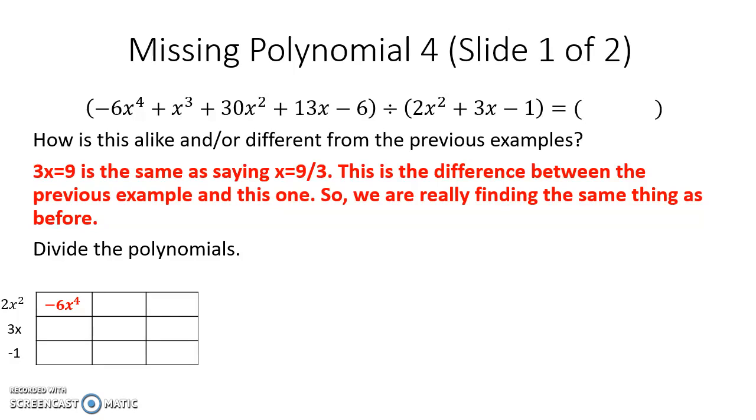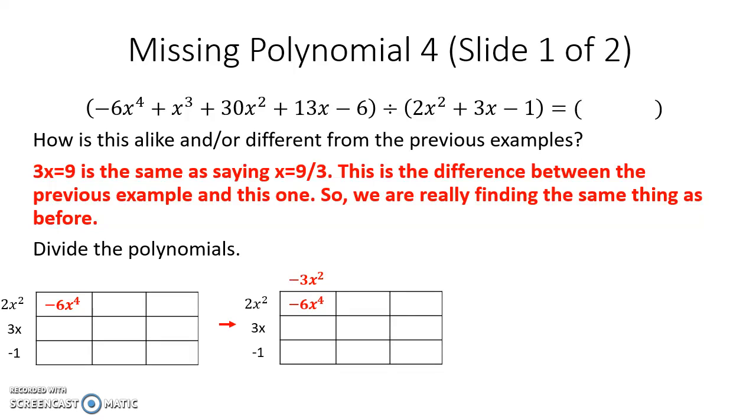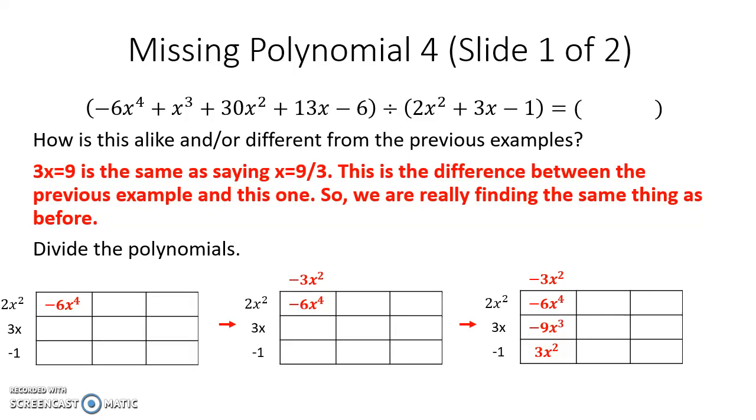So I'm going to set up with what I know, the 2x squared plus 3x minus 1 along the left, with the negative 6x to the fourth in the first box. Now I can do everything exactly the same. We want to know, what do we need to multiply 2x squared by to get negative 6x to the fourth? And that happens to be negative 3x squared. As soon as we know that value, we can go ahead and multiply down to get the rest of the column.